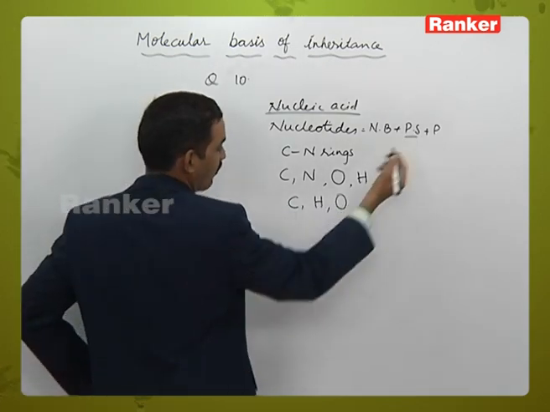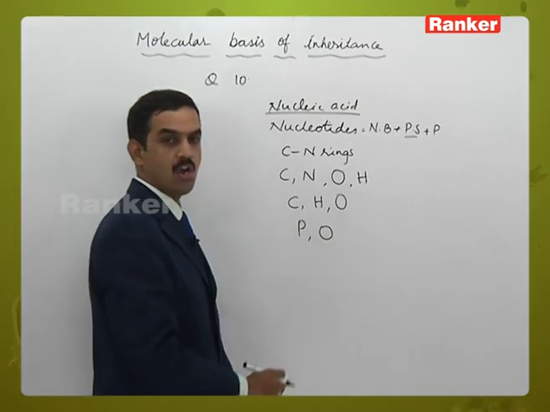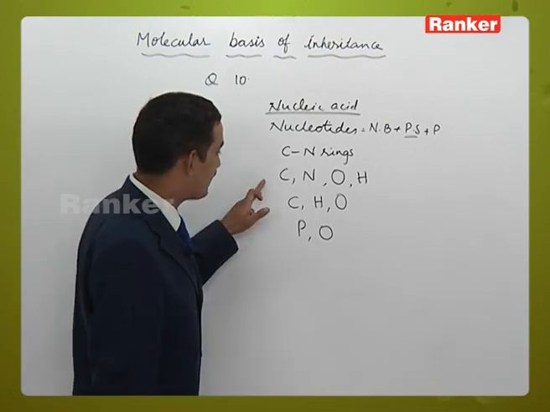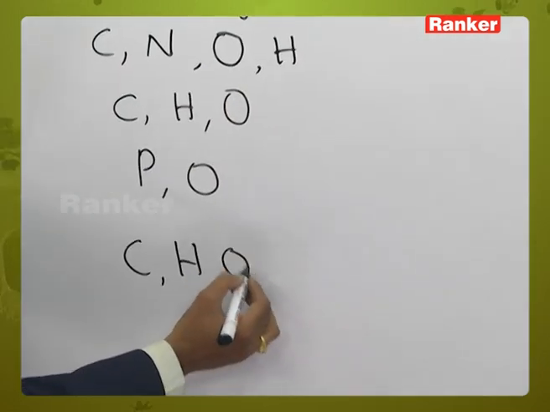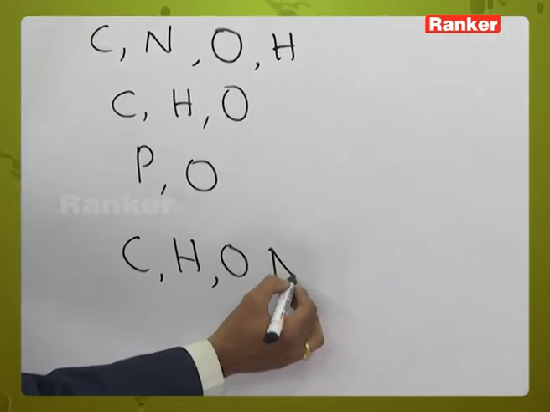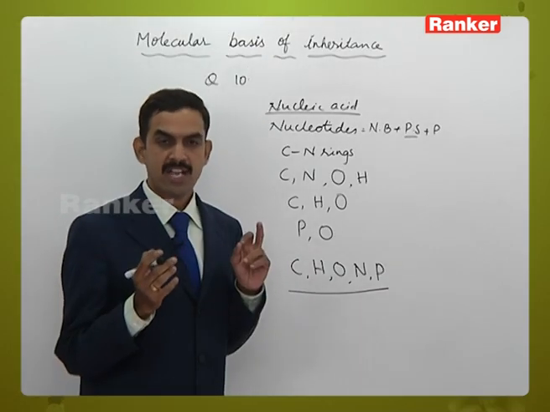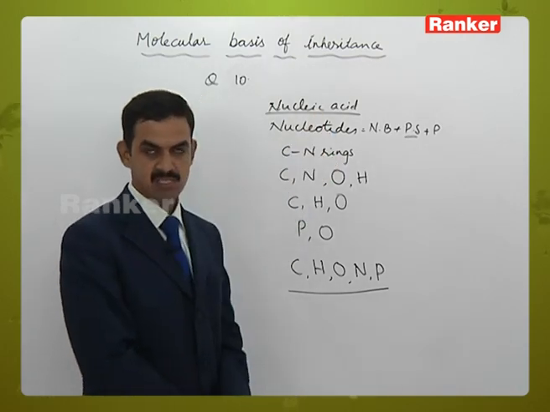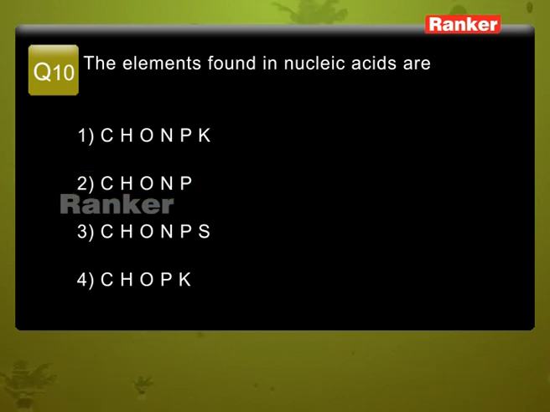When it is coming to phosphoric acid, it is PO4, it contains phosphorus and oxygen. So from this we can say that carbon, hydrogen, oxygen, nitrogen and phosphorus, these are the 5 elements which are present in the nucleic acids. So from the given options, question number 10, the correct answer is 2.